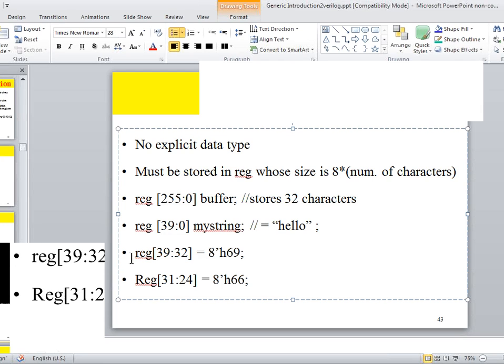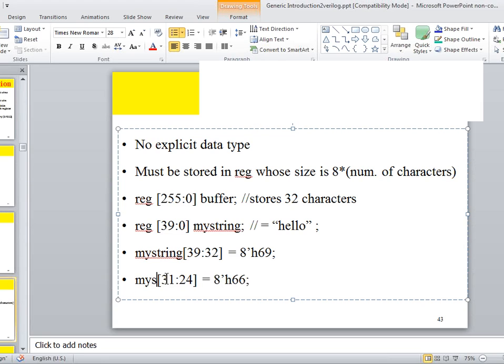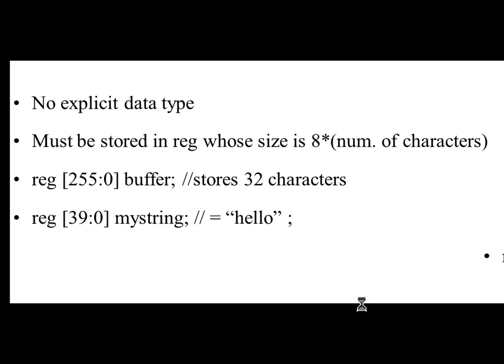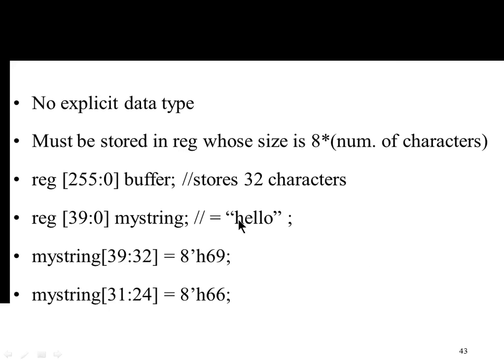Sorry, it should be my string. And then I'm assigning the appropriate hex values to it, which will represent this character for this 8 bits, this character for the next 8 bits, and so on till all the characters are displayed. Okay, so this is how we can store strings in registers in case you want it.